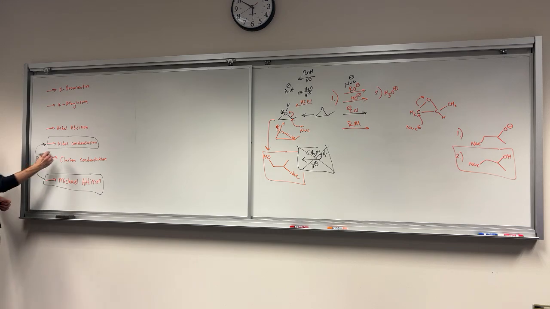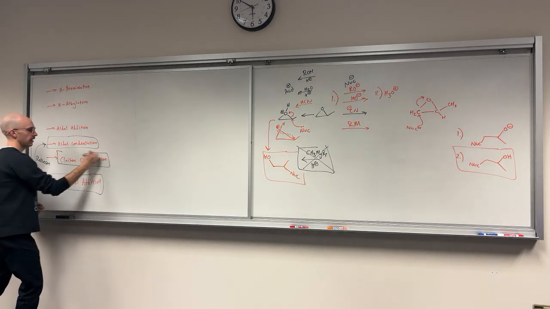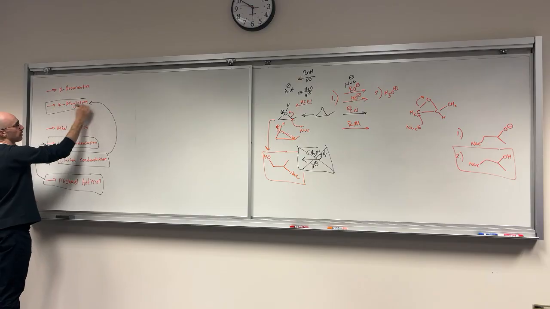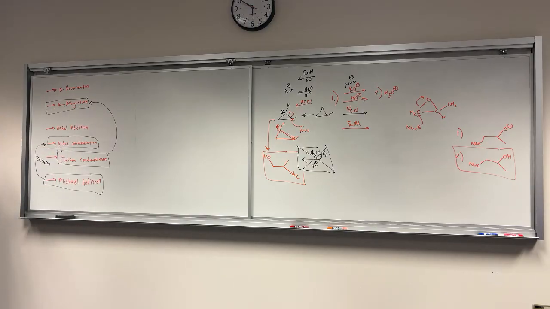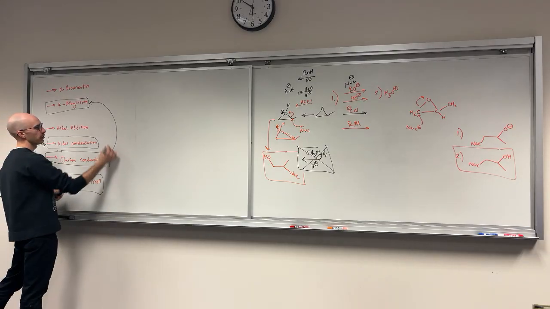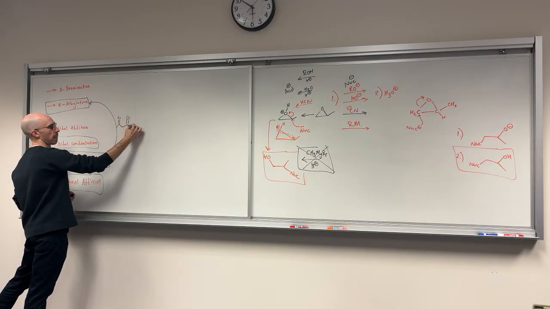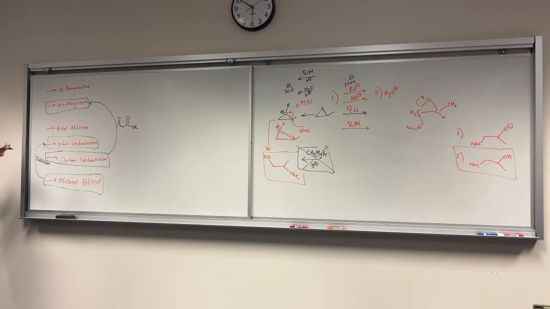Another thing I wanted to point out is that the Claisen condensation is a great precursor for alpha alkylation. Because the Claisen condensation gives you, more or less, a beta keto ester.